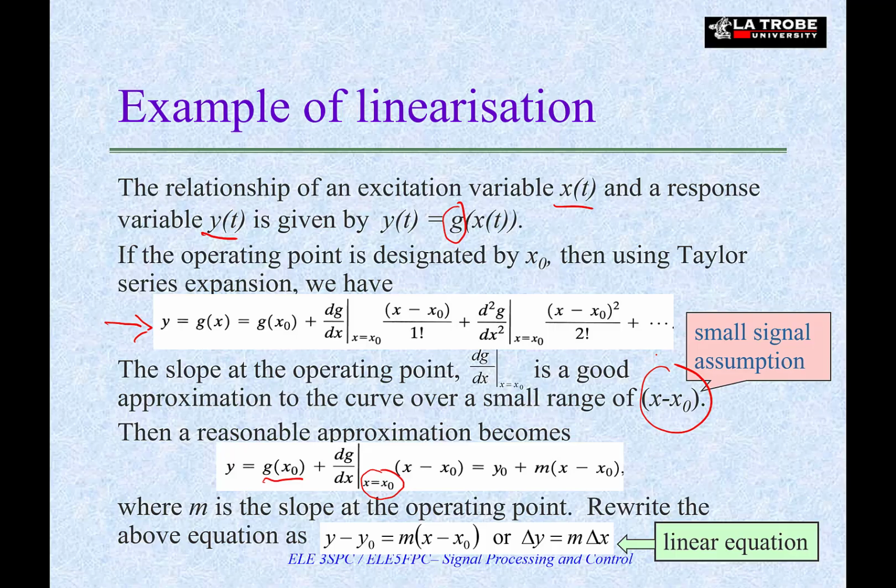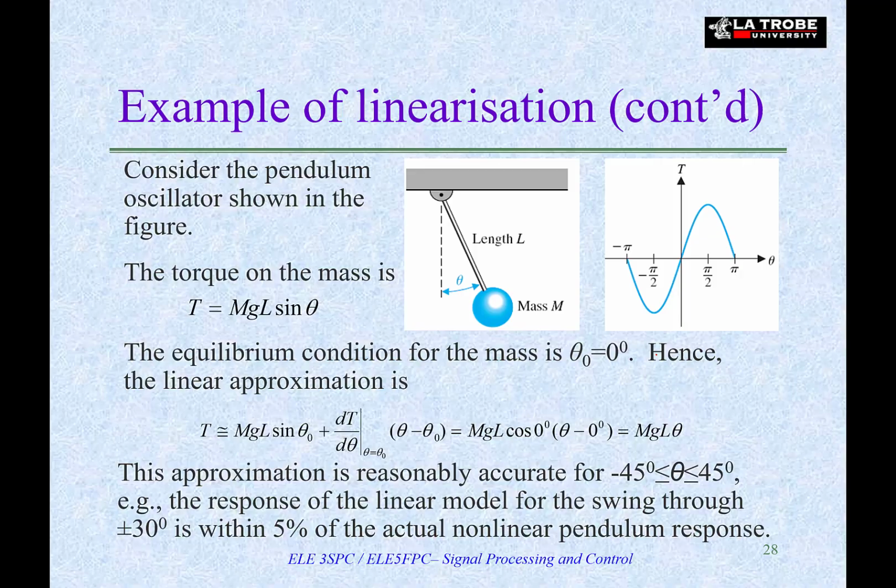Let me give a practical example of the linear approximation process. Let us consider the pendulum oscillator. We want to model the swing action of the pendulum. First, we need to choose an operating point.